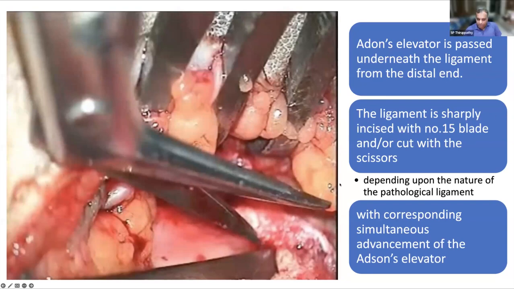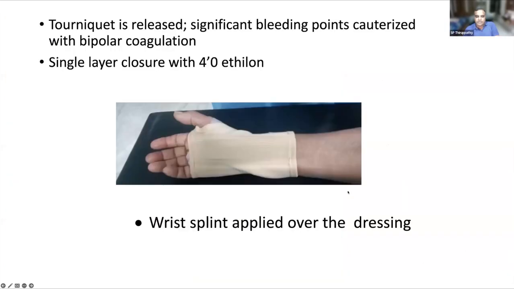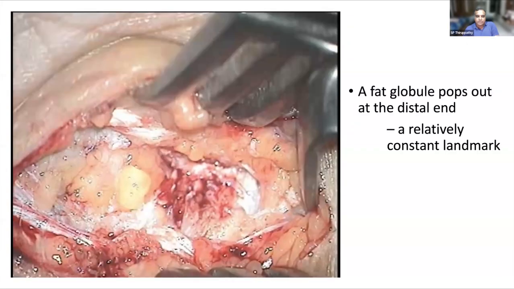I think I'll go back again. Yeah, go back to the previous one. Okay, this is a description. Hello. This slide is okay. From the next slide we need.